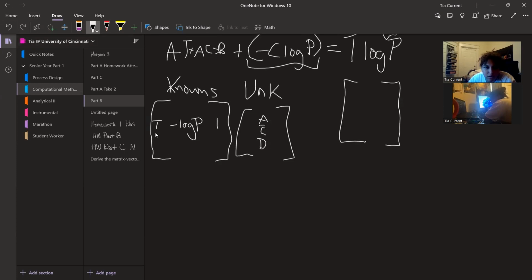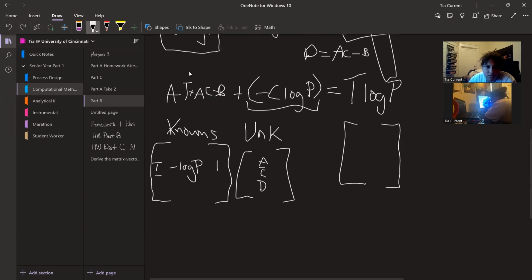This goes here. This C multiplies the negative log P. So as you can see, your A times your T, C times your negative log P, and then 1 times D for everything that's on this side of the equation. And then you have your transpose, your T log P. Isn't it beautiful? Dots and stuff.